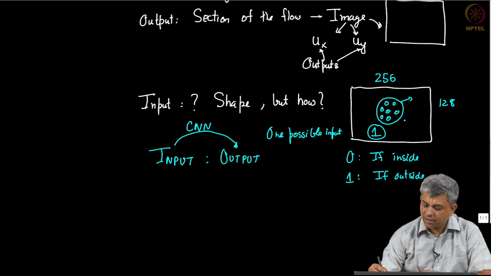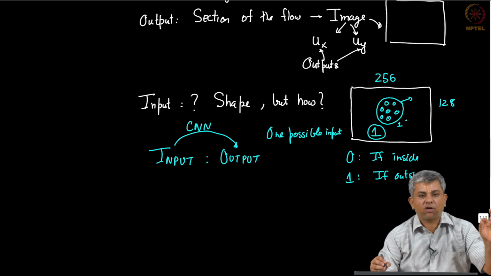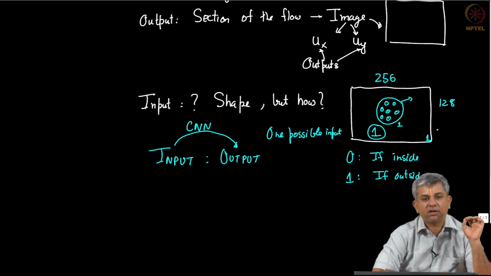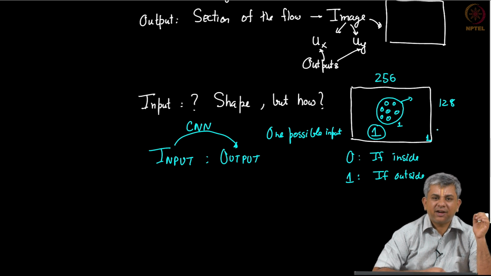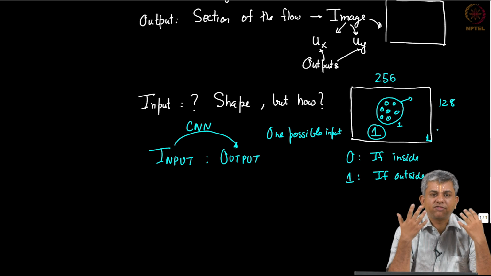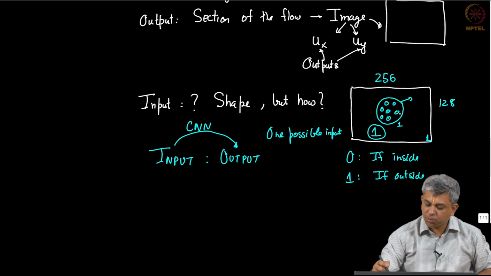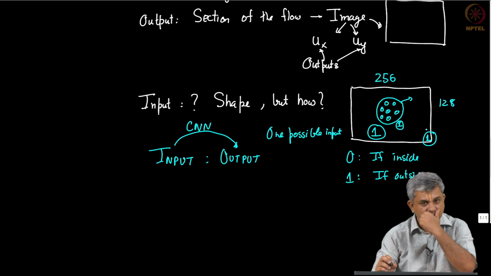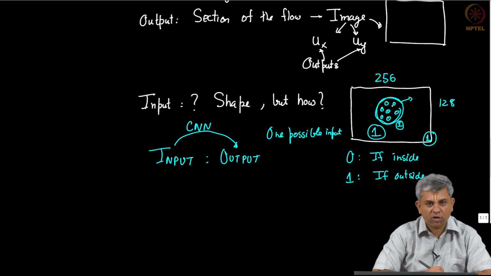Similarly, if I am close to this body and I label that pixel or location 1, and I am far away from that body and I still label that pixel or location 1, then it seems like some portion of the physics of the problem I am completely throwing away. I am saying that this portion of the flow is as important as that portion of the flow as compared to the shape of the body, which is not true.